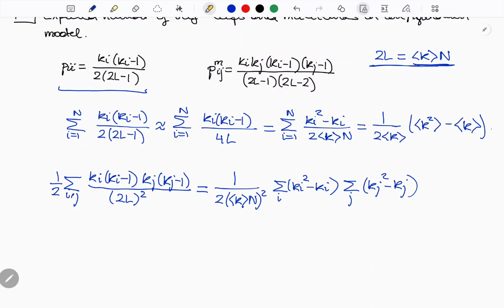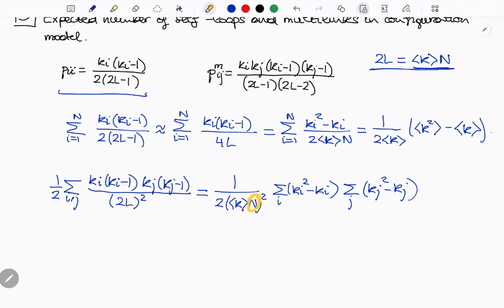Here I just did the following. Since we have a part of the terms that only depends on i and another one that only depends on j, this expression is exactly the same as doing this calculation. If you use the distributive property of the sum and the multiplication, this is what you obtain. So in this case, since I have here n squared, I can use one of the n's dividing here and the other one dividing here.